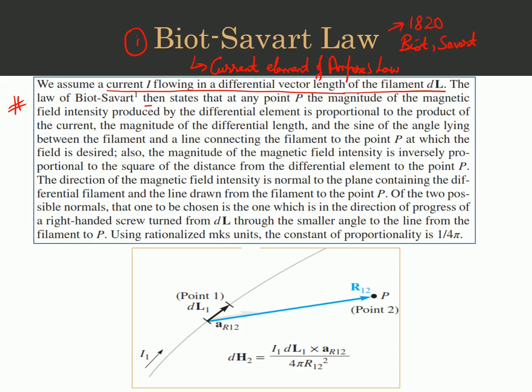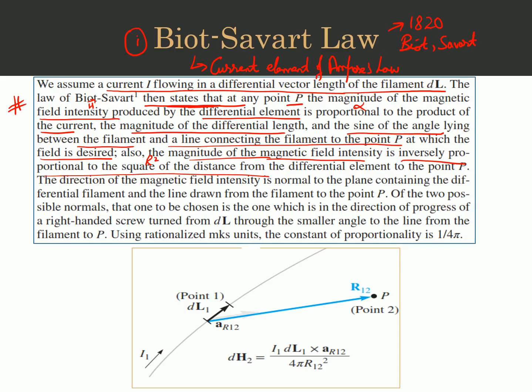Then the law states that at any point P, the magnitude of the magnetic field intensity, which is H, produced by the differential element is proportional to the product of the current, the magnitude of the differential length, and the sine angle between the filament and the line connecting the point P at which the field is desired. And we also keep in mind that the magnitude of the magnetic field intensity is inversely proportional to the square of distance, which is the inverse square law, r square, from the differential element to the point P.